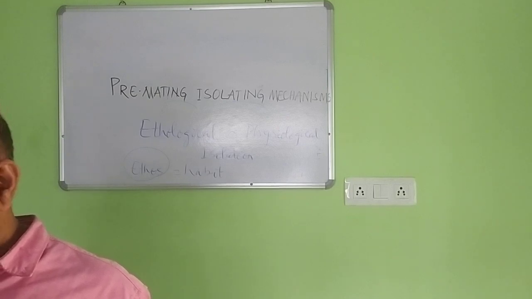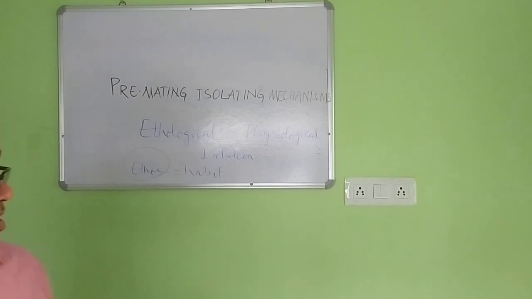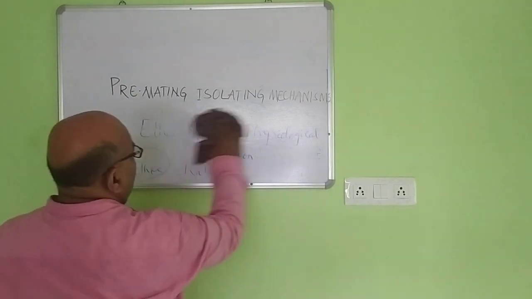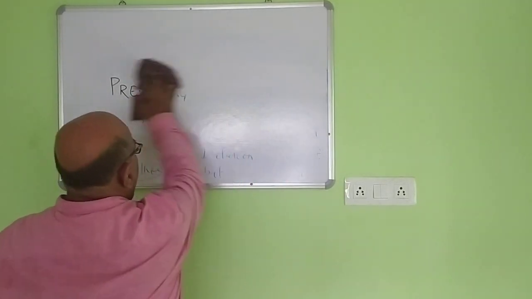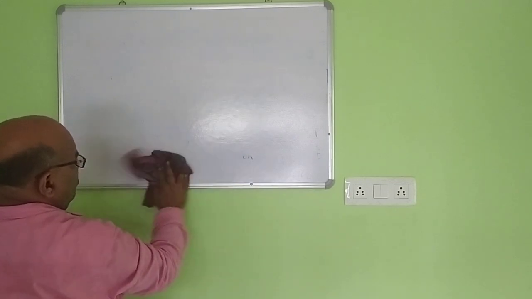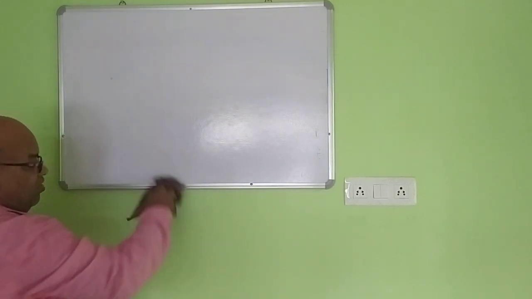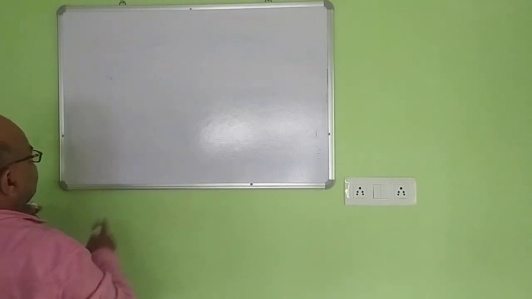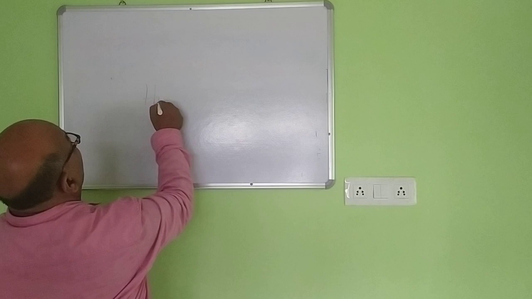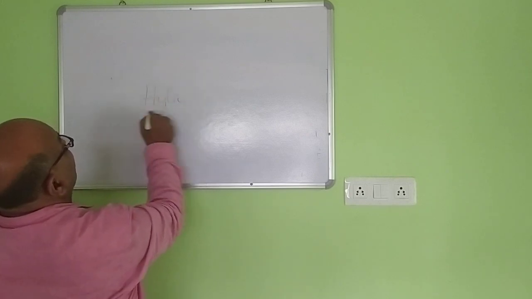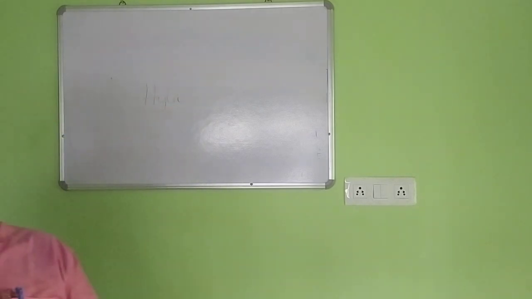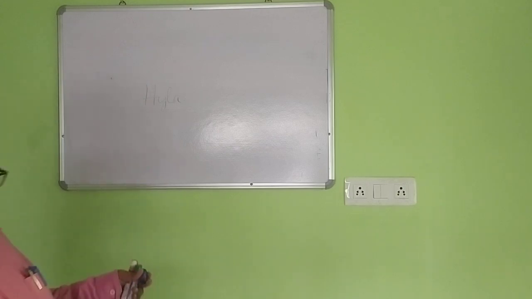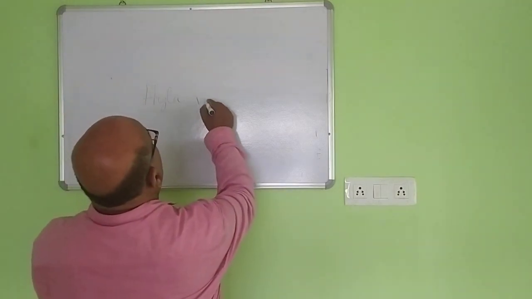Hyla versicolor. Hyla is one type of frog. Hyla is the generic name of that frog, and this is Hyla versicolor.